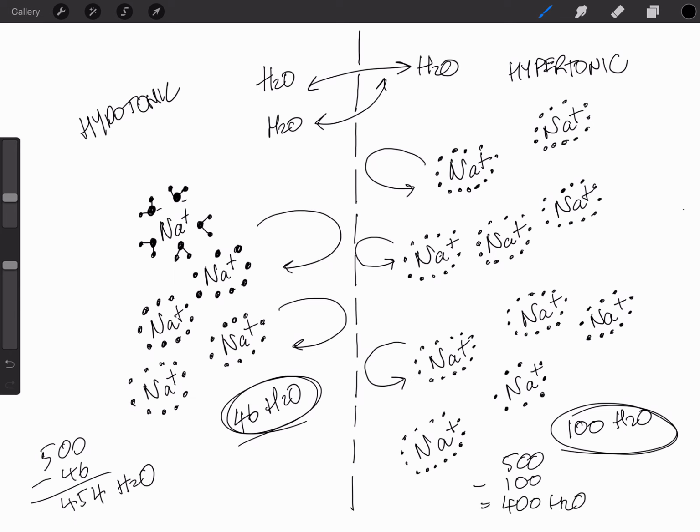So this means that there's more free water on the left than on the right. That means there's a higher concentration of water on the left.